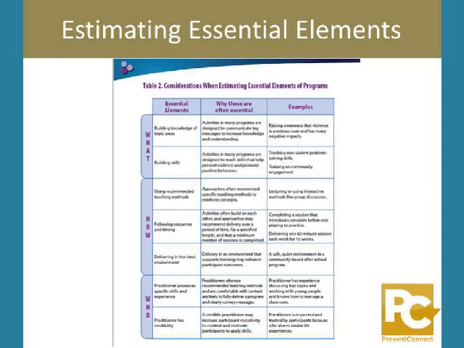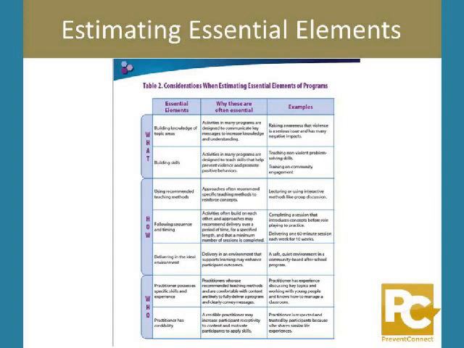In the left-hand column we lay out some of the essential elements by the what, how, and who. For example, in programs, often what's essential is building knowledge of topic areas and building skills. We talk about why these are essential. For building knowledge of topic areas, activities in many programs are designed to communicate key messages to increase knowledge and understanding. And then we provide examples.